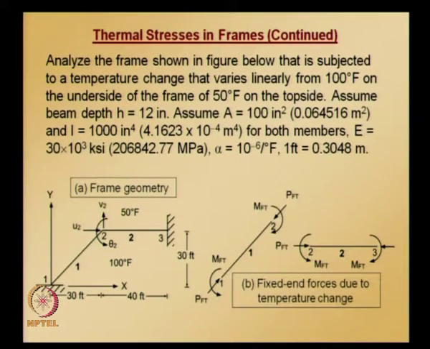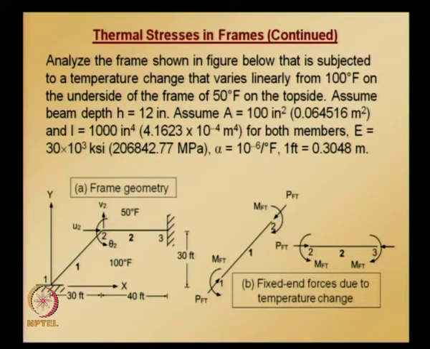All these values are given both in FPS units and SI units. As you can see, these values are round numbers in FPS units, whereas in SI units they have some decimal places. So it is convenient to work in FPS units.